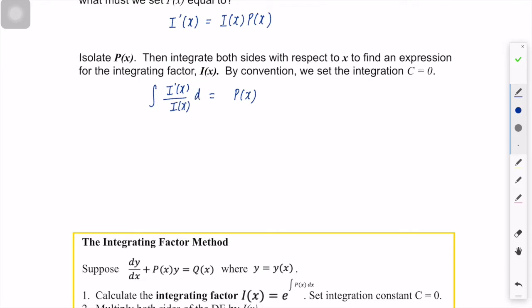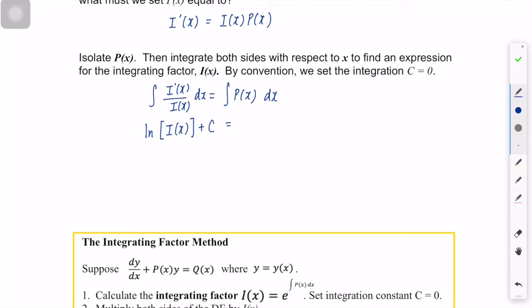Looking at the left side, I have 1 over I of x times I prime of x as the integrand, which implies that ln of I of x plus c would be the result.